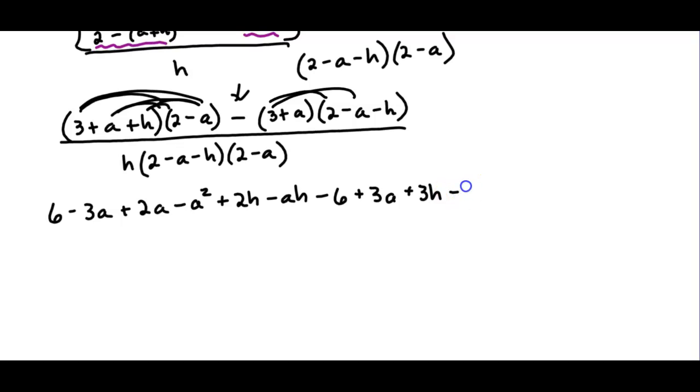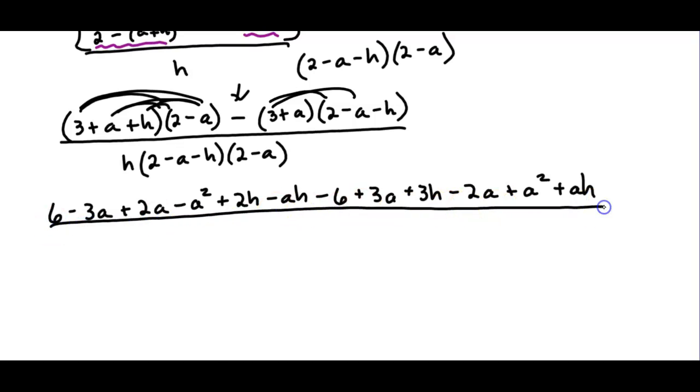So it's going to be minus 2a plus a squared plus ah. And that is long. All over the denominator. Sometimes they just write denominator like D-E-N. I'm not going to do that, but just so that you know, sometimes I'll do that because it gets to be a lot of writing.